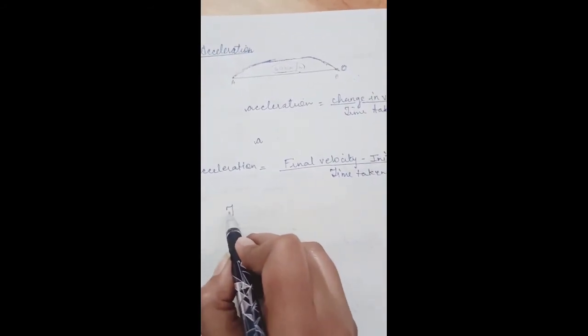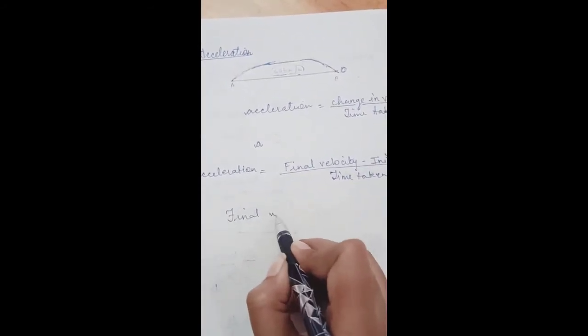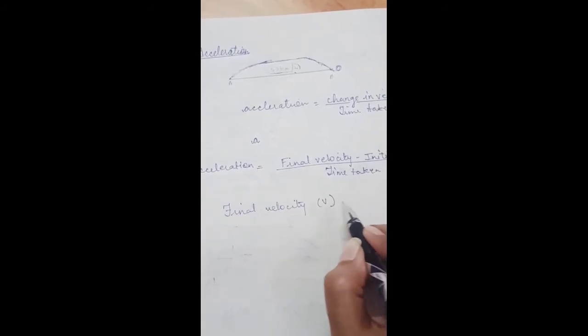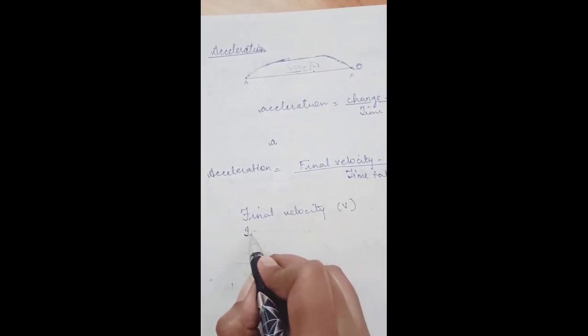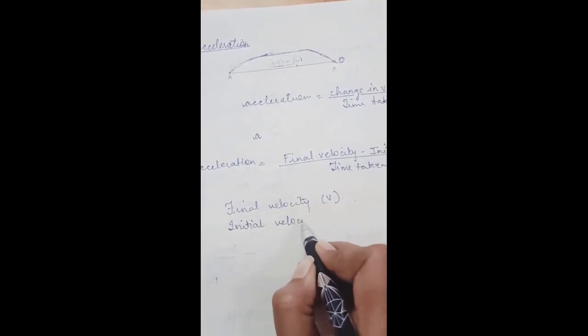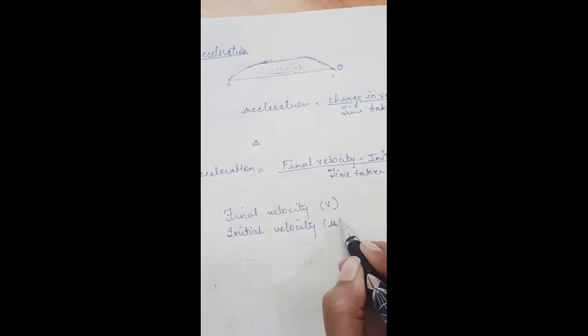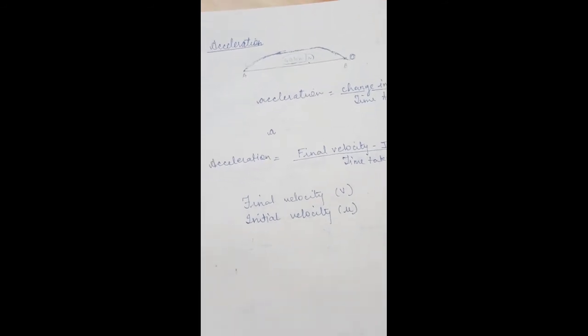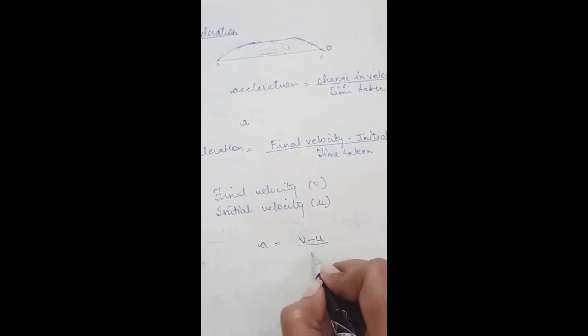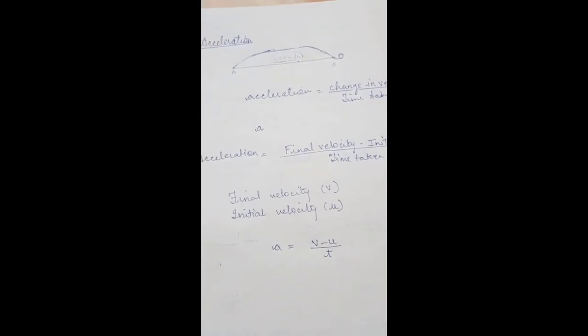And students, remember, final velocity is denoted by small v, and initial velocity is denoted by small u. So acceleration is equal to v minus u upon t, that is time taken.